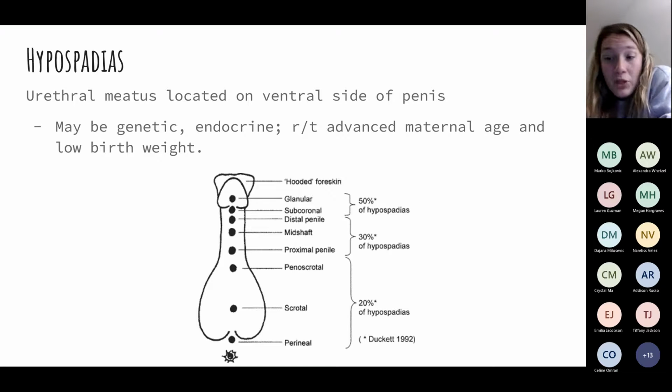Just know that it's pretty much not where it should be, and it's usually on the ventral, the underside. Usually it's a genetic mutation, so think about things that put the mom's eggs at risk. Advanced maternal age is a big one, low birth weight, etc.